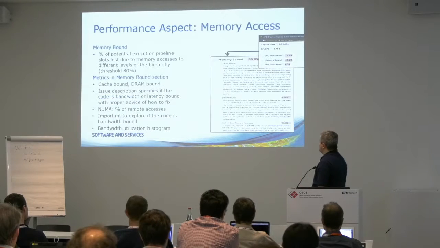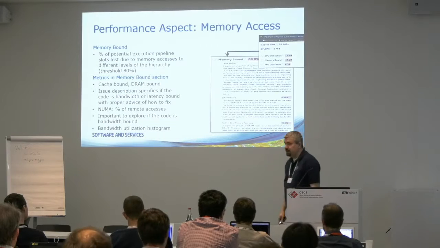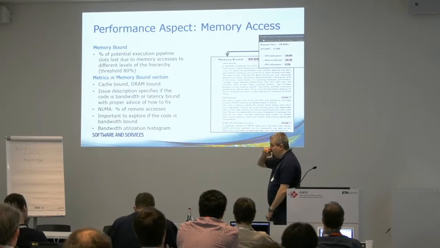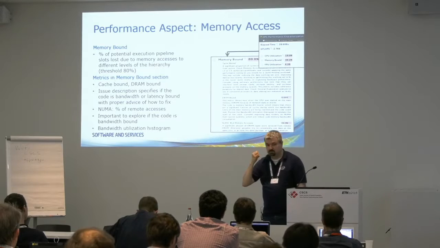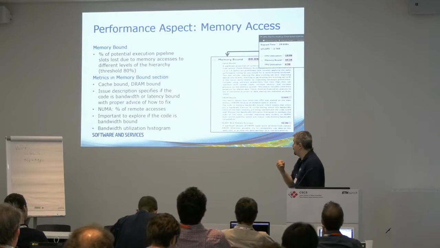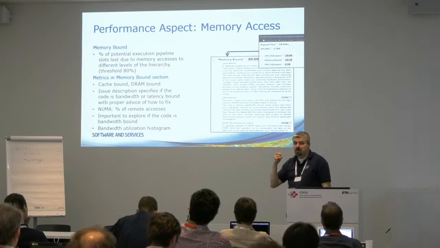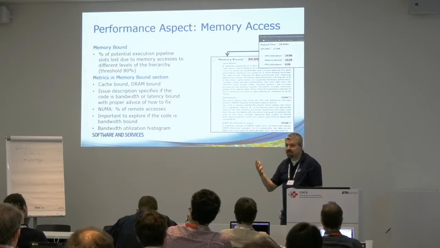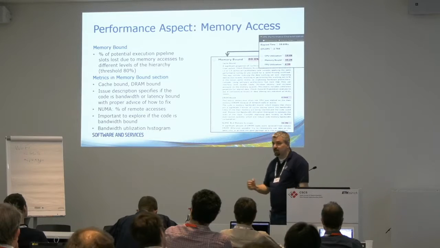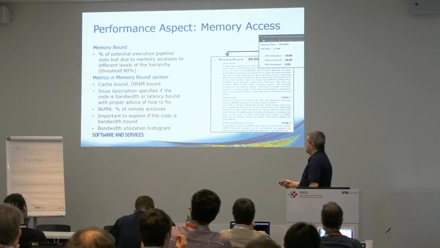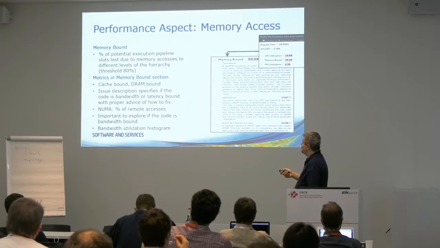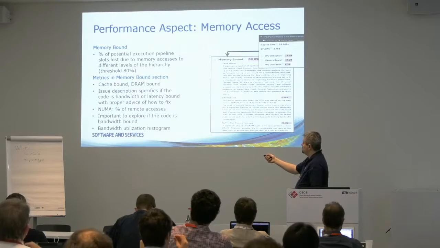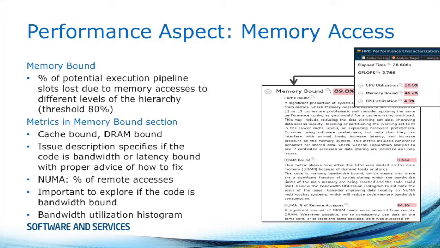Okay. All right, memory bound. So what it tells you is how many cycles in the execution pipeline are going into memory accesses. Basically, that is a metric of how many cycles are lost because you're waiting for the memory, okay? It tells you if your code is cache or DRAM bound. It tells you, for a NUMA system, the number of remote accesses that are coming from a remote NUMA socket.